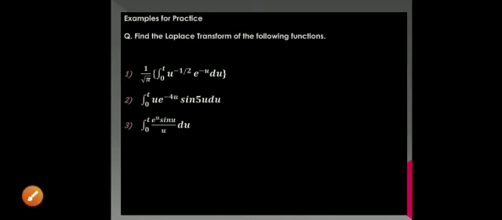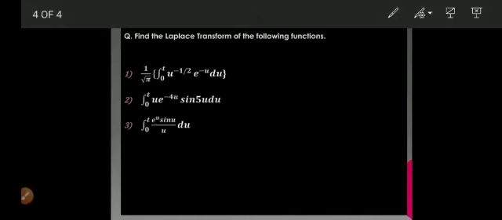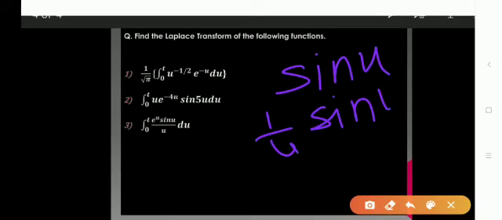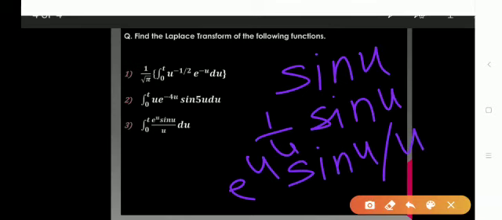Next example, again a similar one. First sin u, then 1 upon u sin u by the division by t property, and then the first shifting property e raised to u into sin u upon u, and then finally the Laplace transform of the integral.